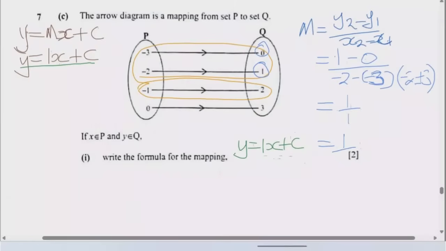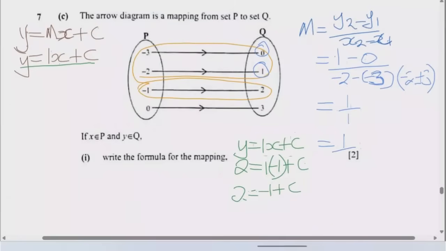The value of y is 2, which is equal to 1, then the value of x in that is negative 1, plus c. So we are multiplying these. We have 2 is equal to 1 times negative 1, which gives us negative 1 plus c.